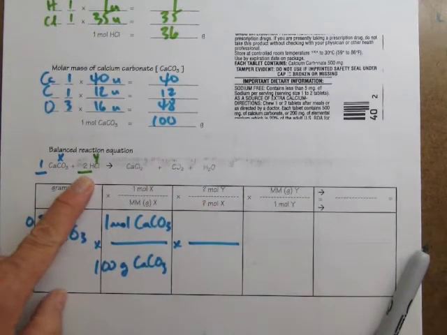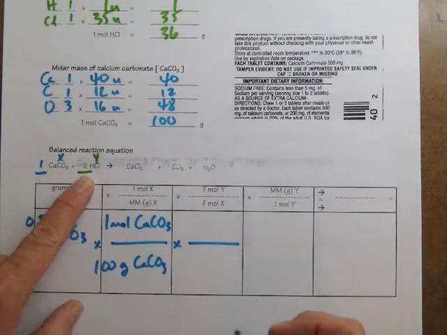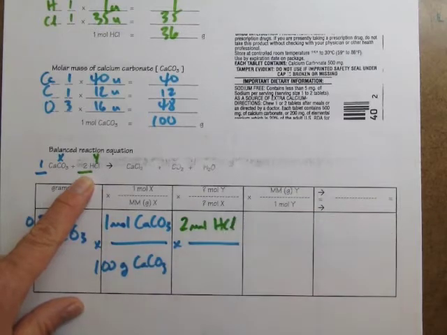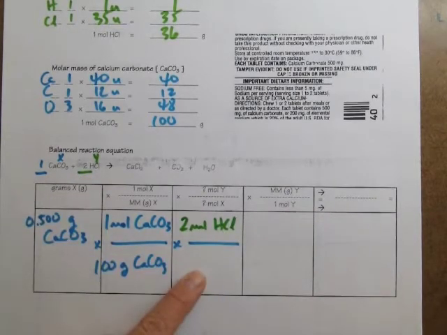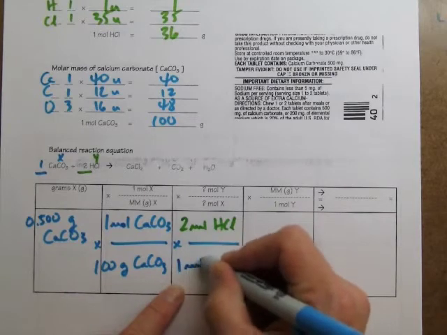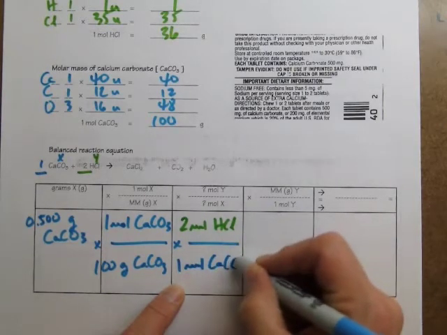Our Y substance is hydrochloric acid. The coefficient is 2, so 2 moles of hydrochloric acid. And on the bottom, how many moles of our X substance? 1 mole of calcium carbonate.